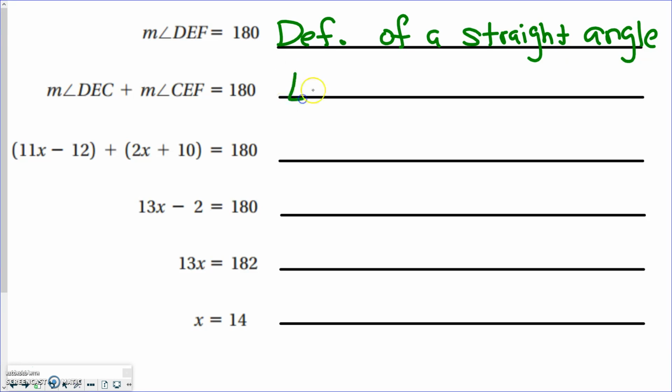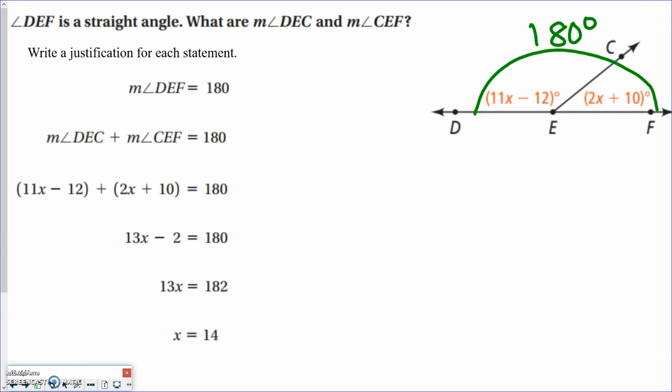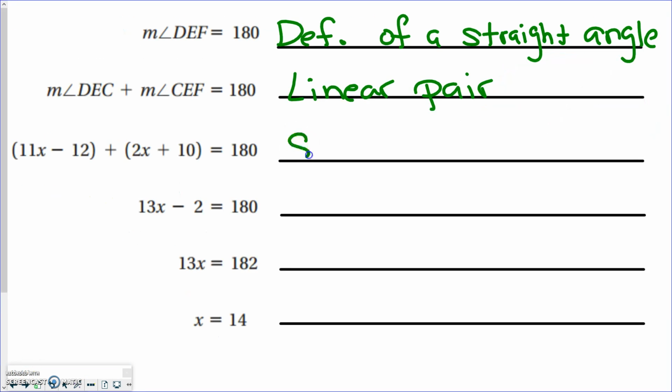That's because these two angles are called a linear pair, and we'll learn more about linear pairs in 1.5. Now DEC and CEF are expressions, so they took those two expressions and substituted. Then to get down to 13x minus 2, what did they do? They combined like terms.